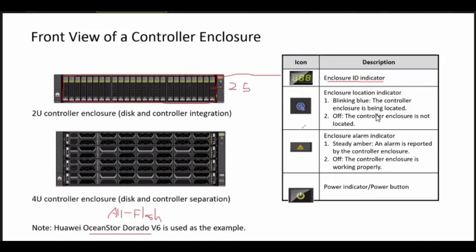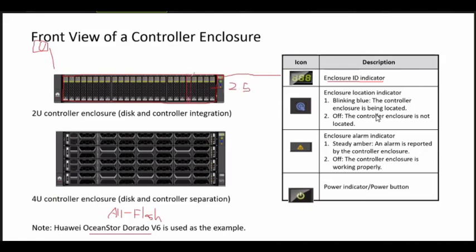So you want to find the location of something. So you'll remote login into the controller enclosure. So just say you're a user, you remote login into the controller enclosure, and then you say something is wrong with this disk, right?